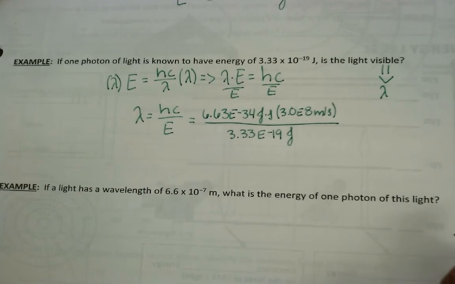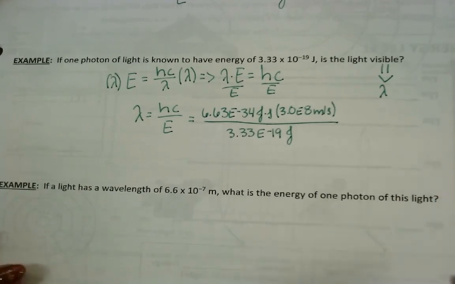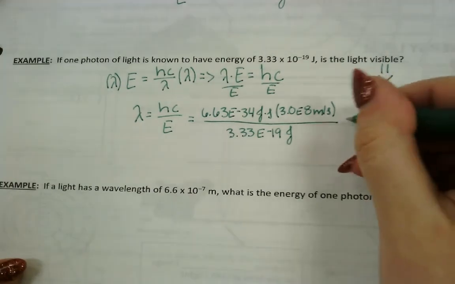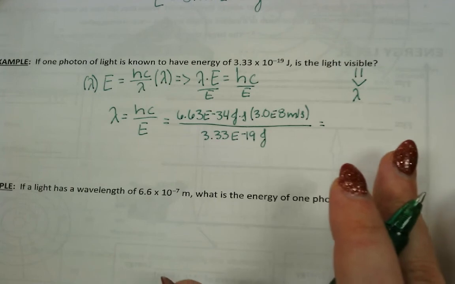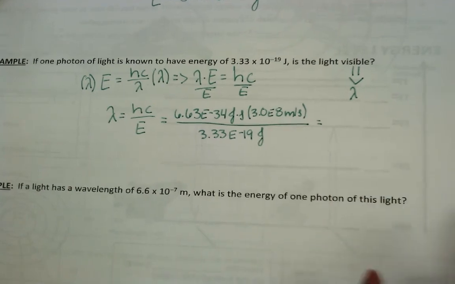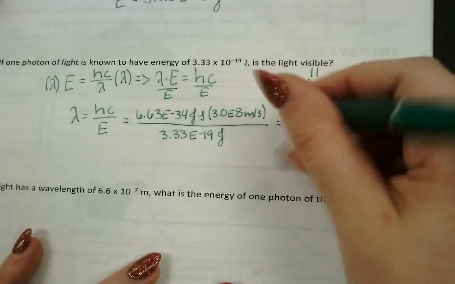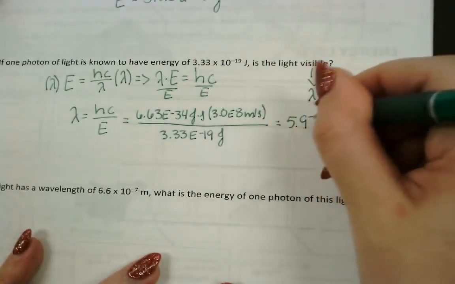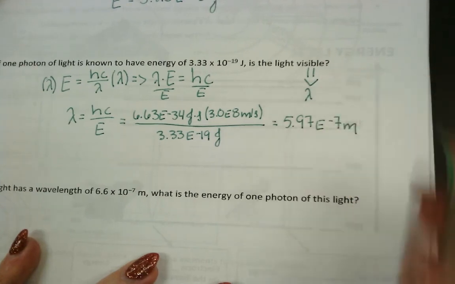Hopefully you followed me. If not, go back and rewind, go step by step. So all we have to do now is solve, plug it into the calculator, go ahead and pause the video to solve it yourself. But the answer is 5.97 e to the negative 7 meters.